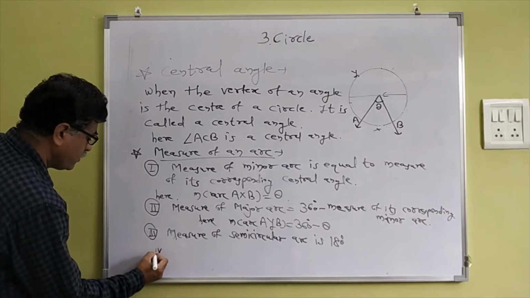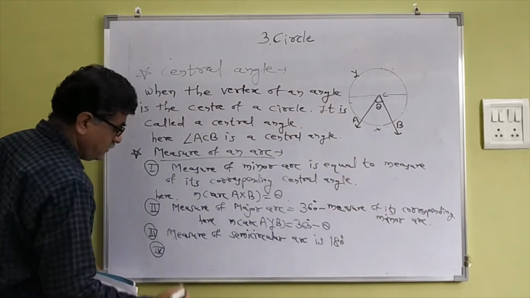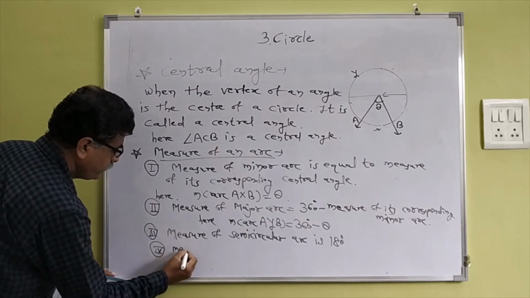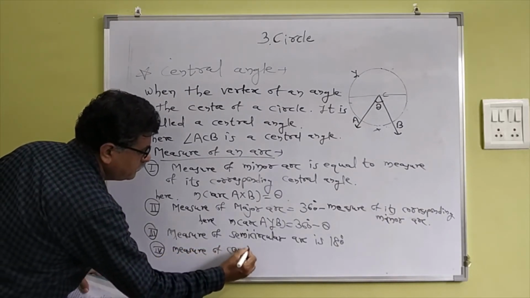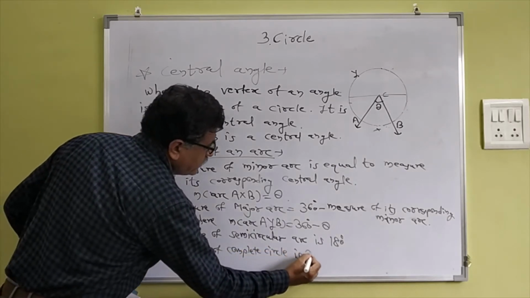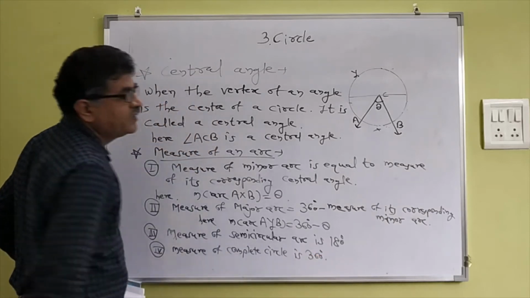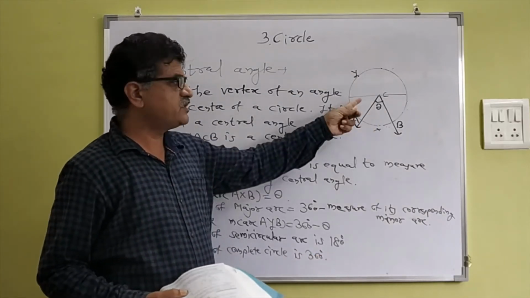And number 4, measure of a complete circle. The measure of a complete circle is 360 degrees.